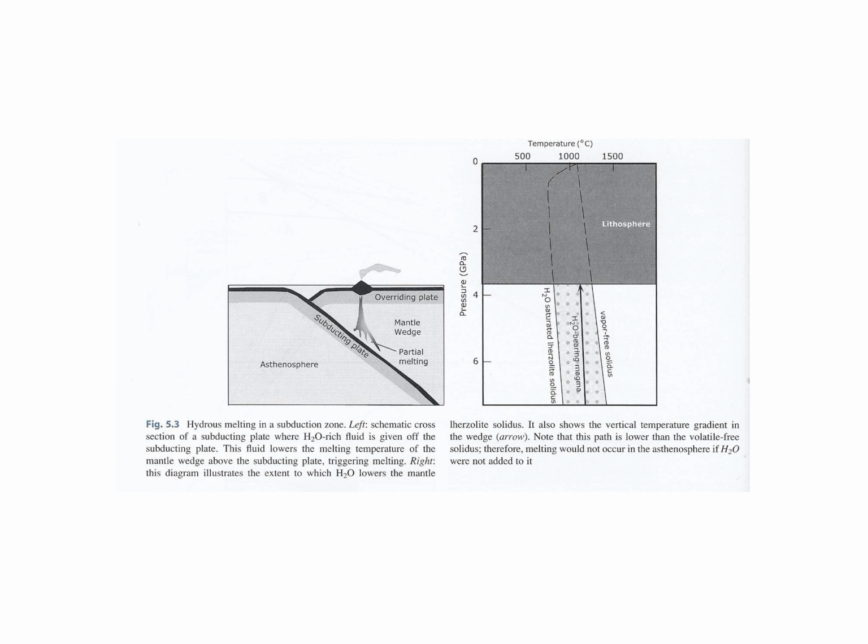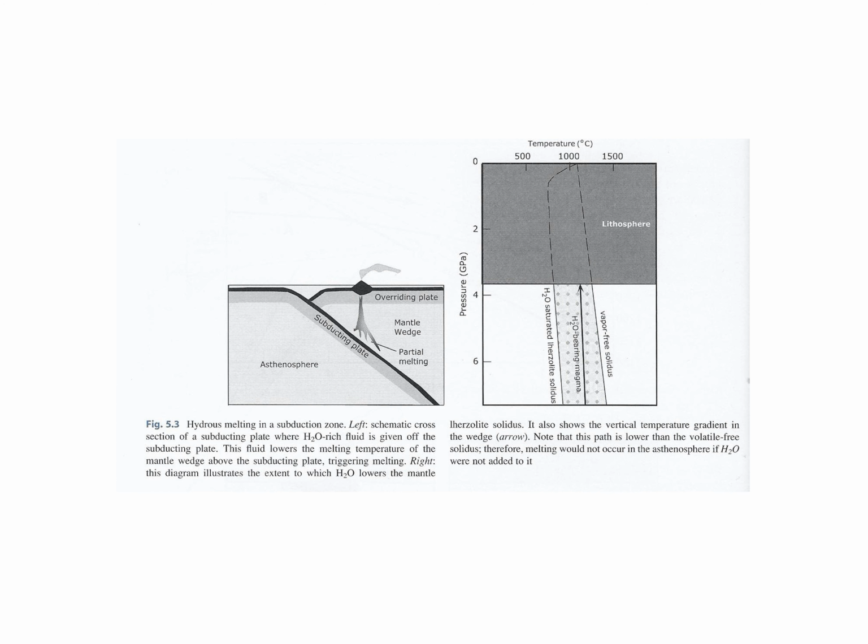This diagram illustrates the extent to which H2O lowers the mantle lherzolite solidus. It also shows the vertical temperature gradient in the wedge, and that is seen here at the arrow.